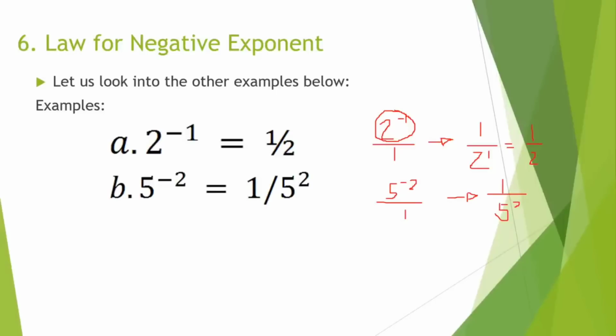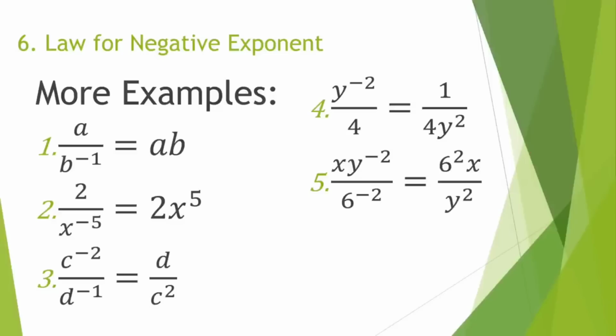So we have 1 over 5 squared. And for example C, we have x raised to negative 3. So get the reciprocal to make the exponent positive. So it can be written as 1 over x cubed.